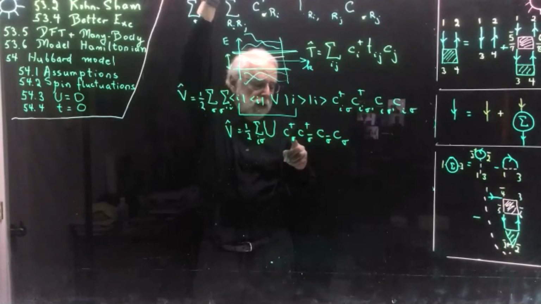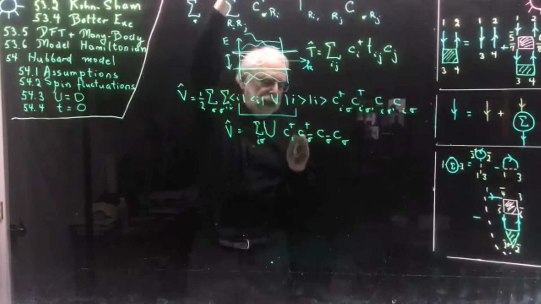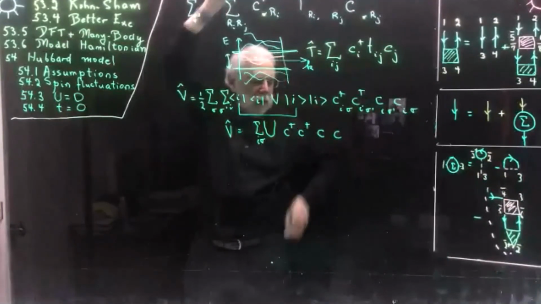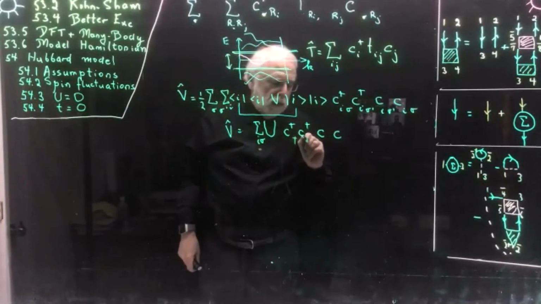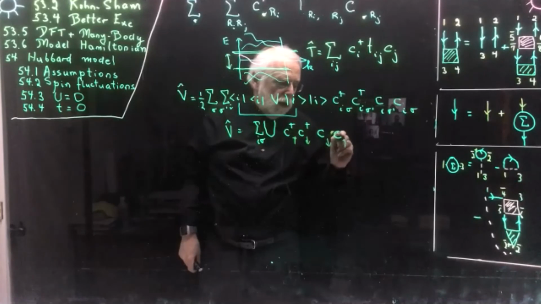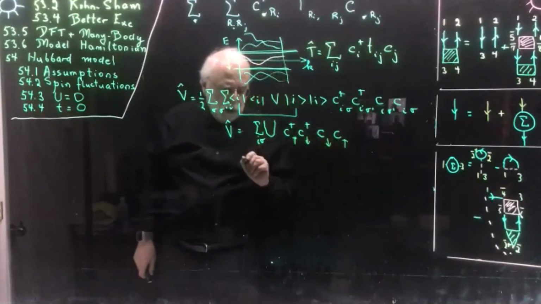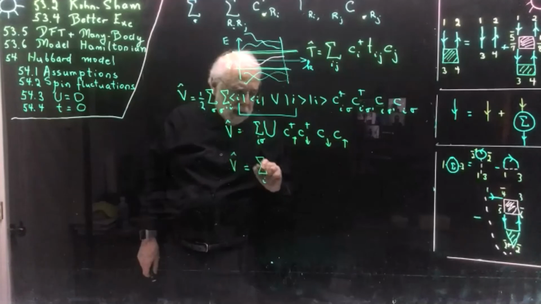So I can get rid of the 1/2 here and just write this. I can write this as up, down, down, up. And now up and down commute, or anti-commute. So I'm left with V equals sum over i.